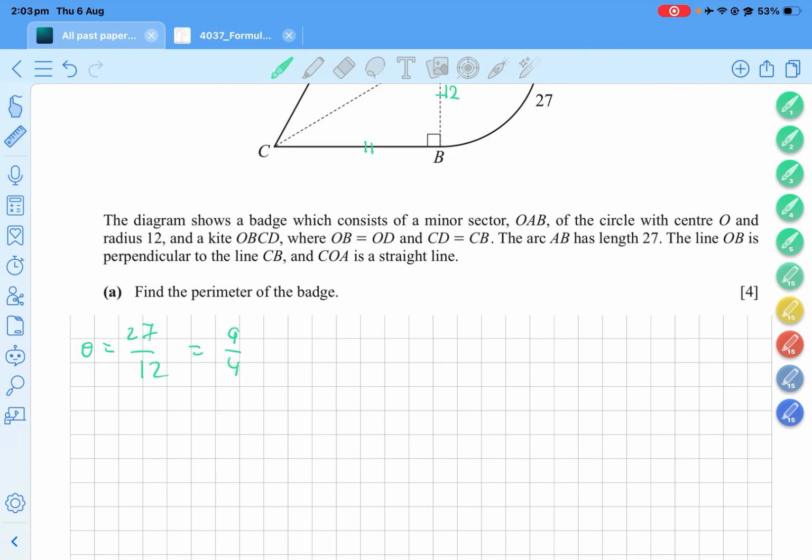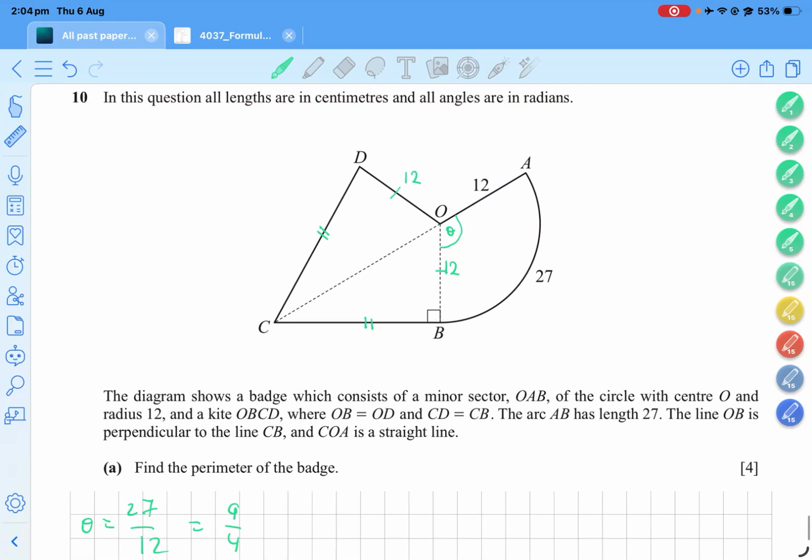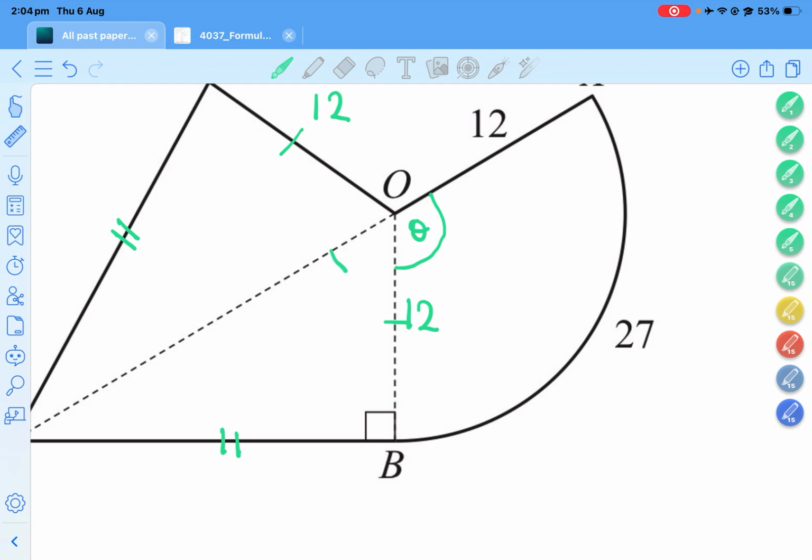So we need to find the area. Sorry, the perimeter. I think there might be a formula for the perimeter of the kite. But maybe we could find this angle.